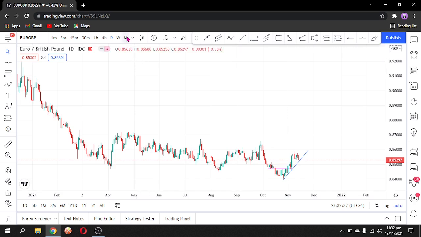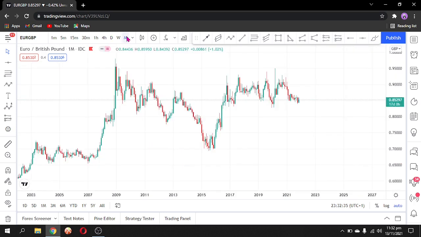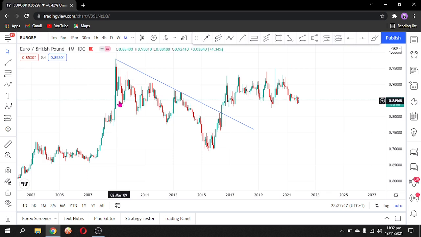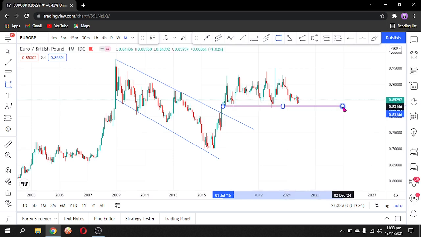And if we go to the monthly time frame, we will see that we have a trend line, and we have a support here, and the resistance.